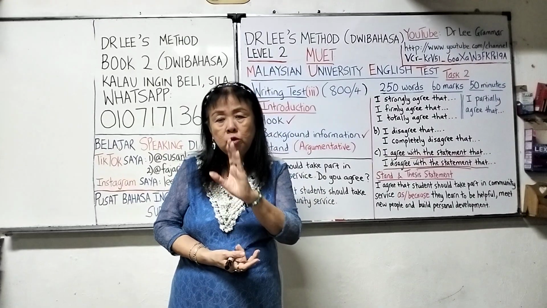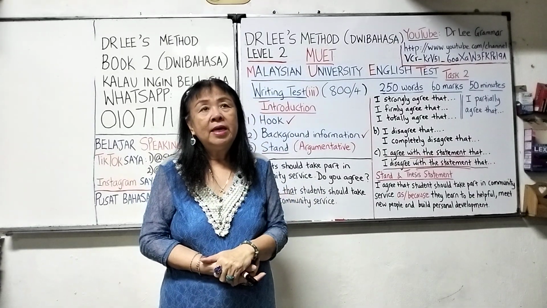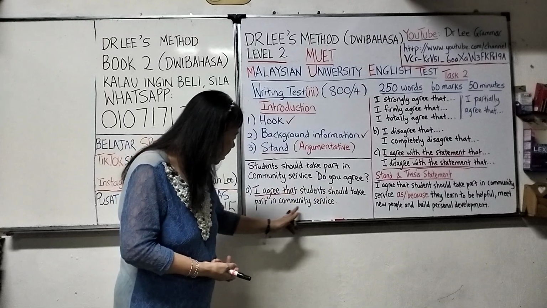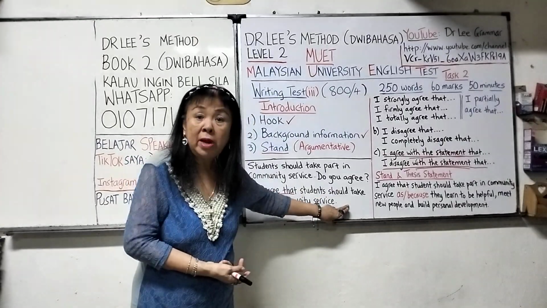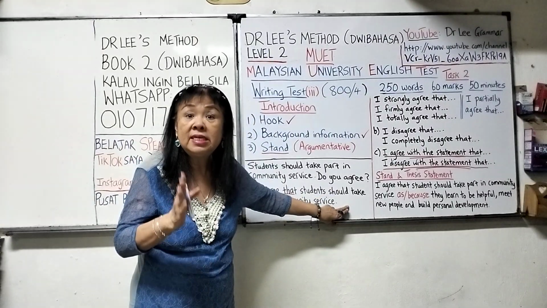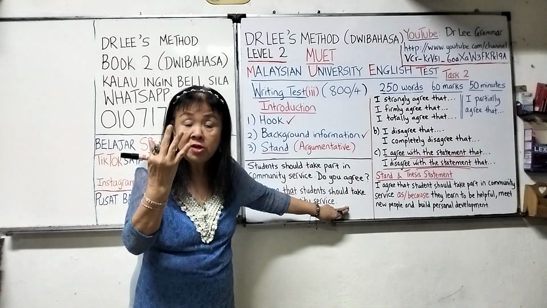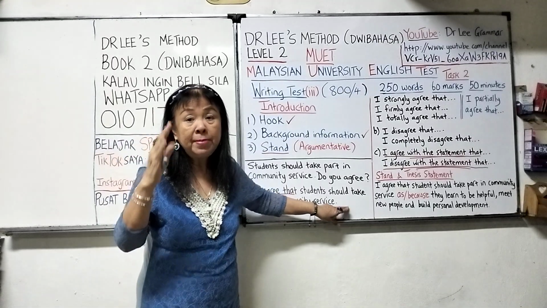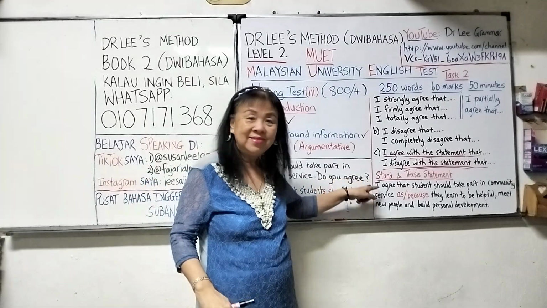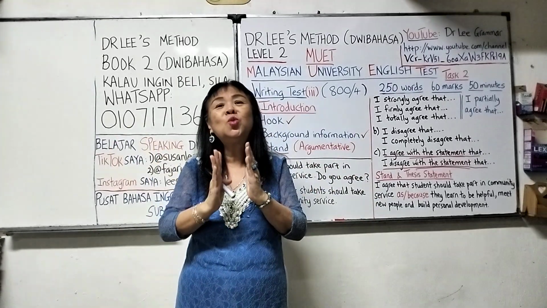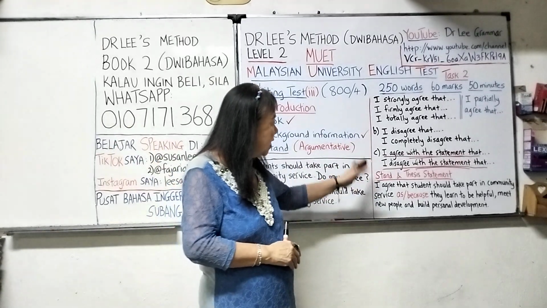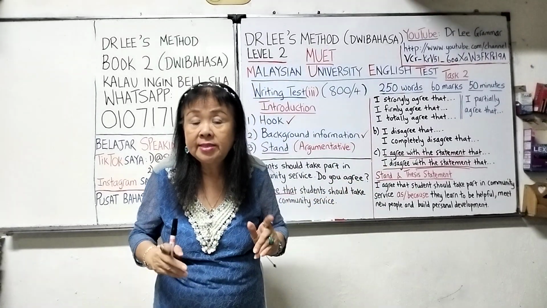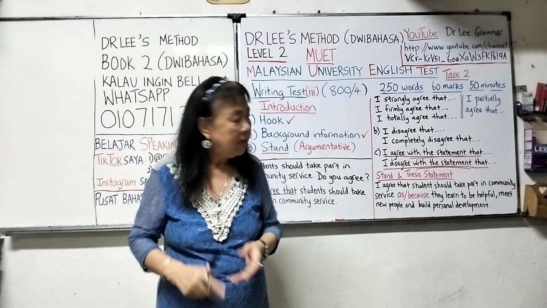Now, let me teach you another way. If you say, I agree that students should take part in community service, you have to write one more line, the thesis statement. You have to give us your 3 main content points. But you can also combine the 2 together. That means you say, I agree that students should take part in community service as, or because.